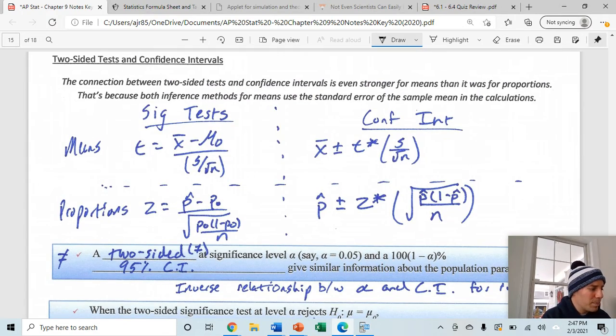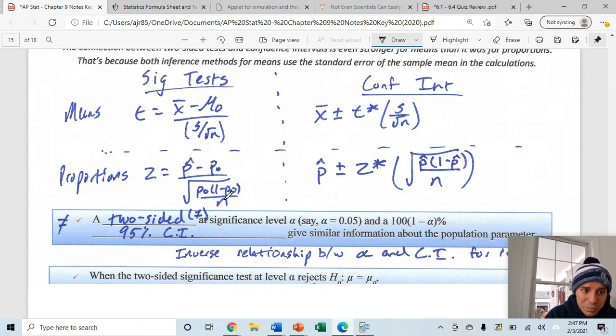So there is a relationship between a two-sided test and a confidence interval. When we're looking at significance tests, okay, we have for means, we have our t equals x bar minus mu sub 0 over the standard error of the statistic. Same thing for proportions. Here's the corresponding confidence intervals that go with each of those.